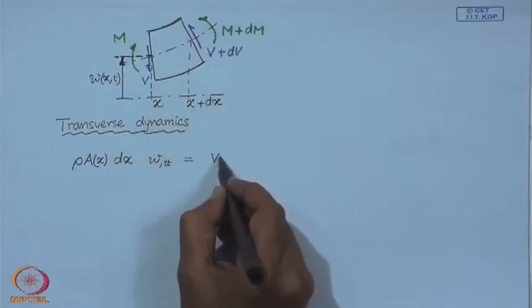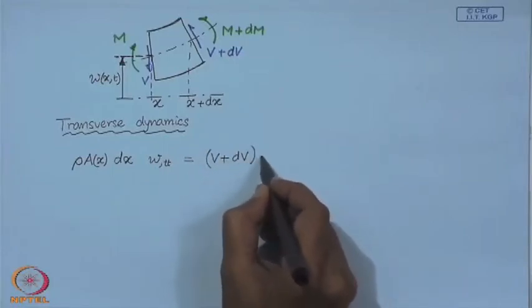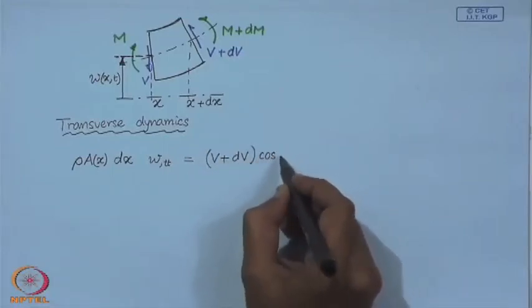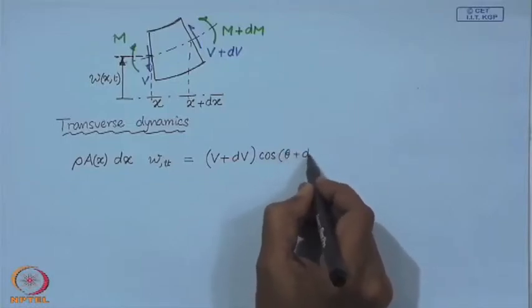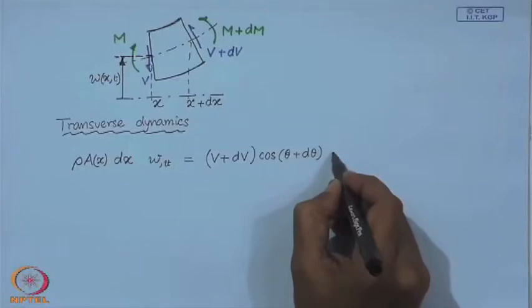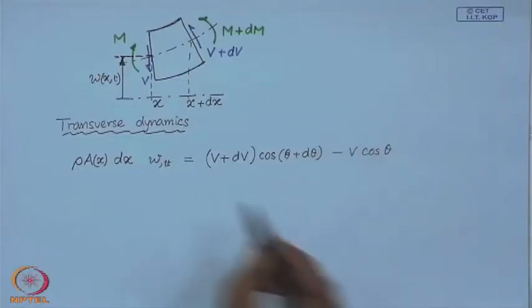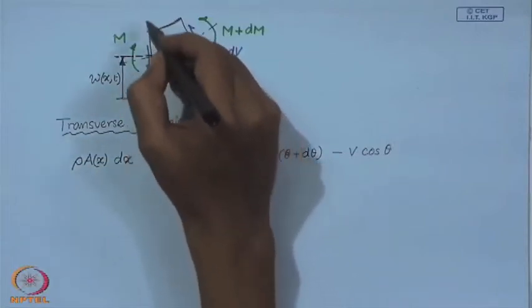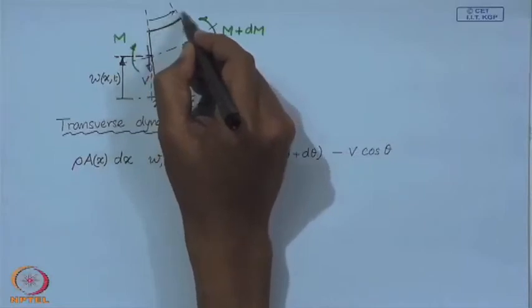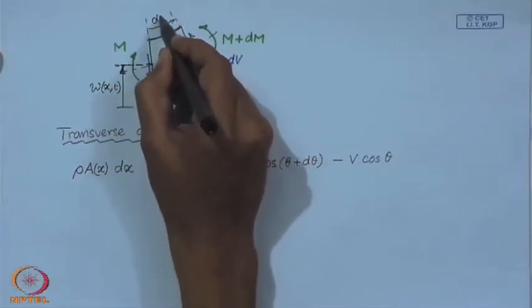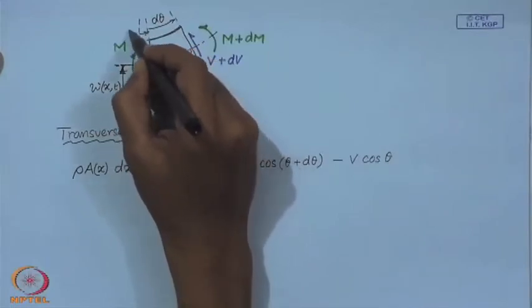So, I can write, where what I have indicated before. So, this angle is d theta and this angle is theta.